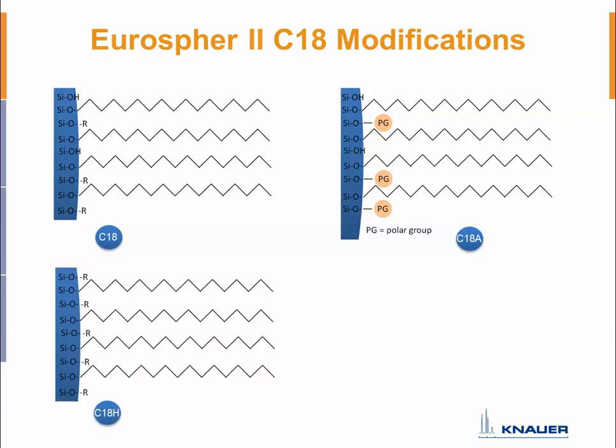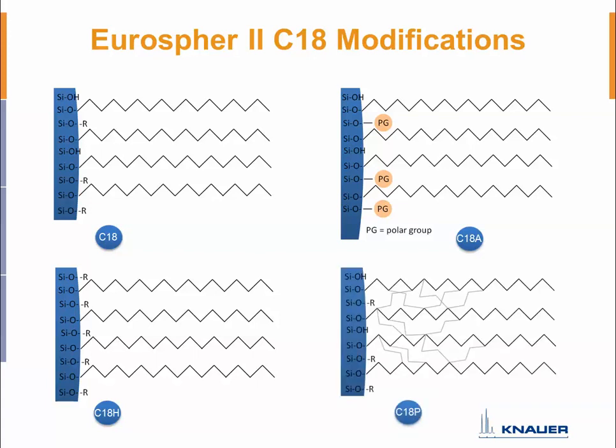C18H is something different again. The H stands for hydrophobic, and here you bring highly hydrophobic end capping groups onto your silica gel particle after the C18 modification. And there are also C18P phases on the market, for example our Eurosphere 2 C18P phase, and the P stands for a polymeric end capping.